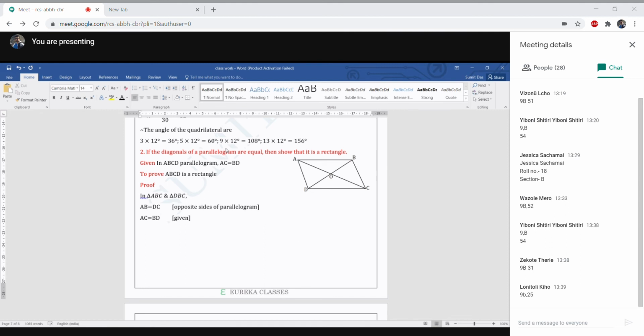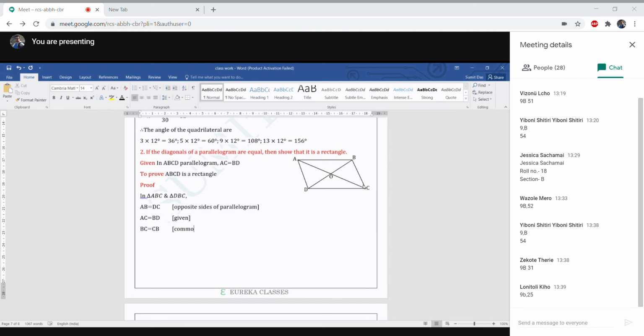Then what else can be equal? We can say BC is a common side. We can write BC equal to CB, common side.